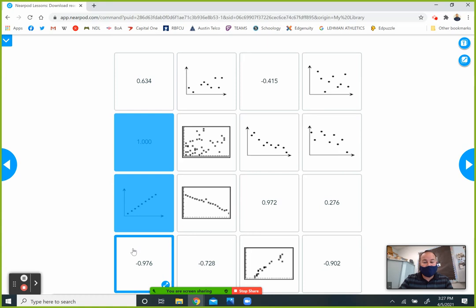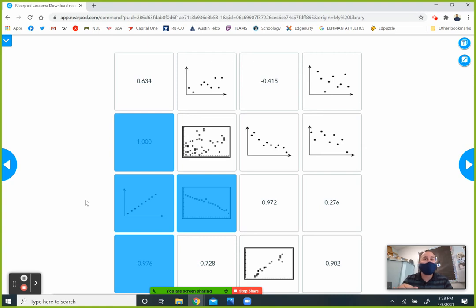So which one's the strongest negative scatter plot? This one? Yeah, that's got to be it, right? That one's super strong negatively because it's close to -1, and it was almost a perfect line, except for 1 or 2 that were kind of out of sync.